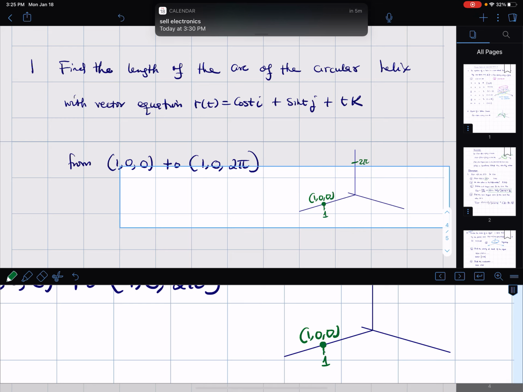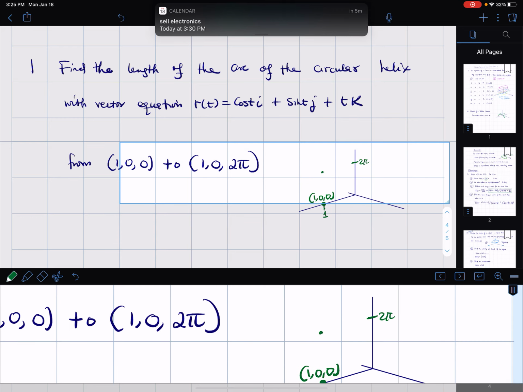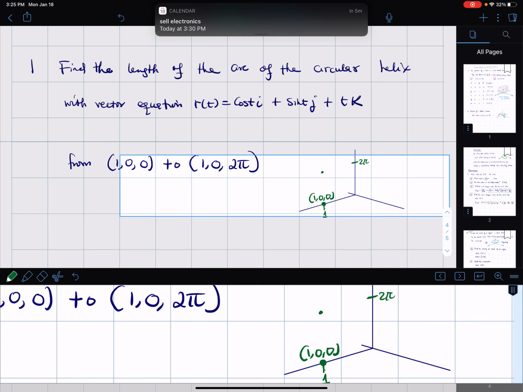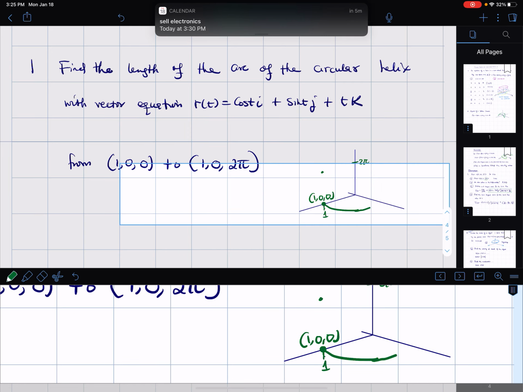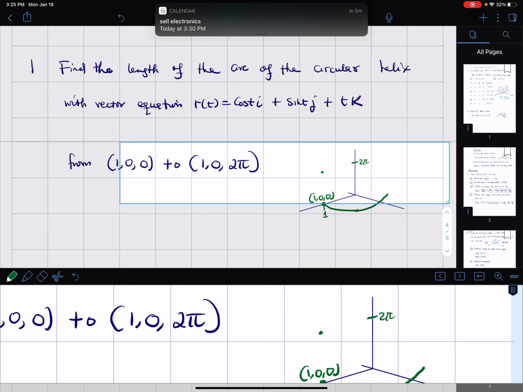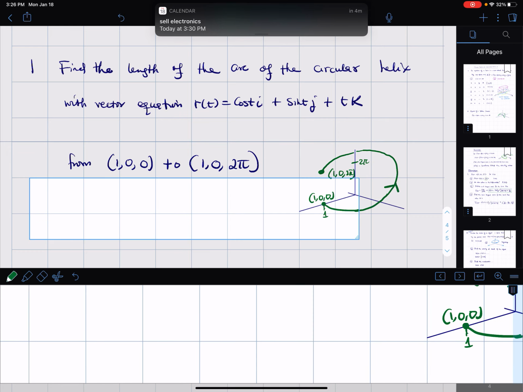So we're going to go like this, like that. So that is our path, and this is (1, 0, 2 pi).